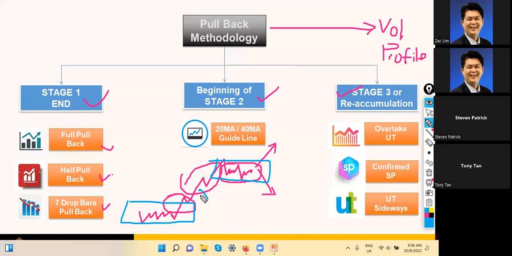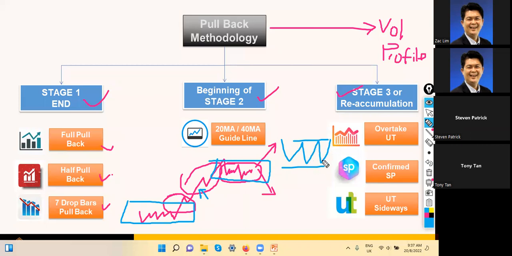In between here actually is less effective because we don't know the concentrate volume is in what stage. Okay, because in the concept of volume profile, we need to know that the concentrate is from the bottom or the volume is on the up. Okay, it's something like this. Okay, so that's why this entire thing is very important.